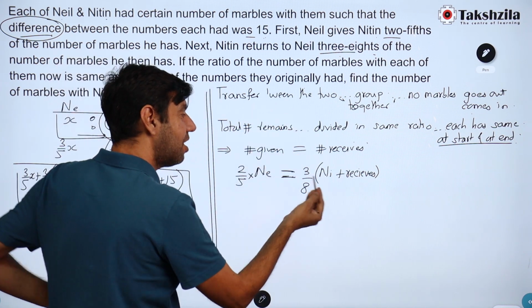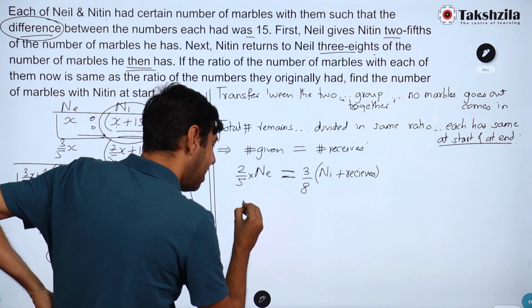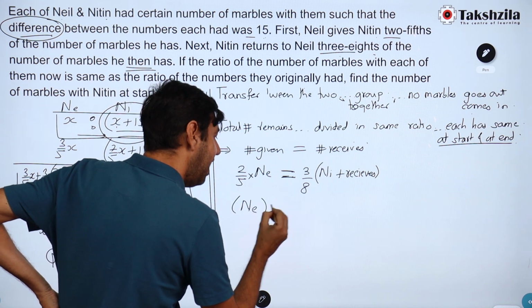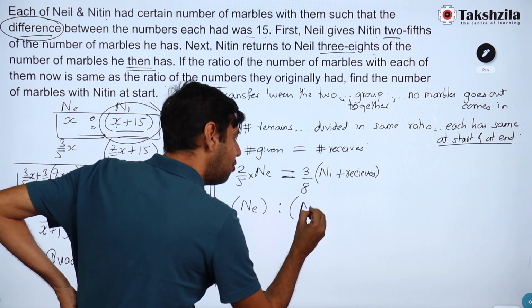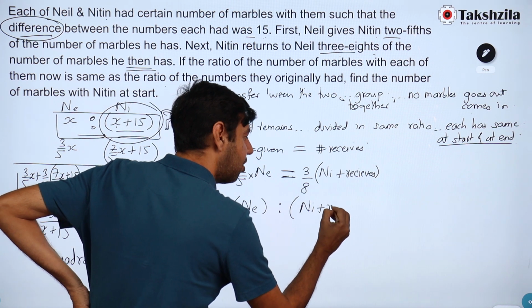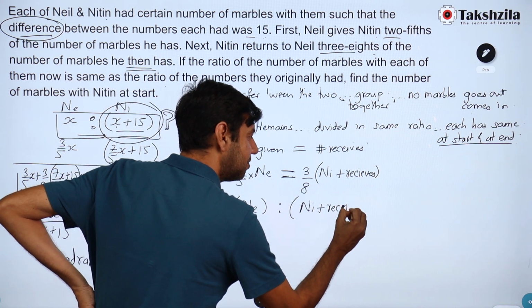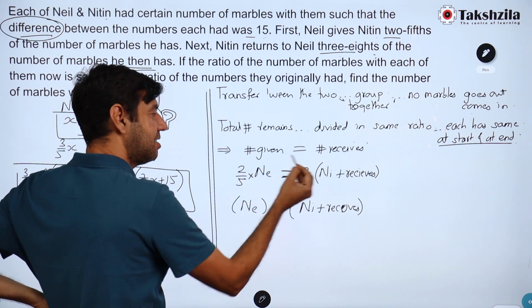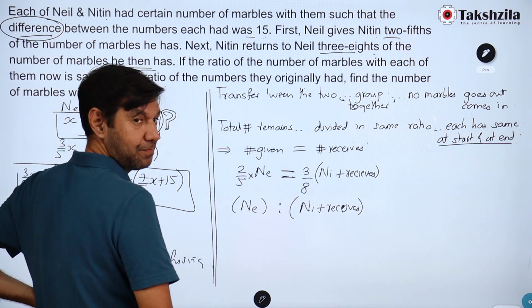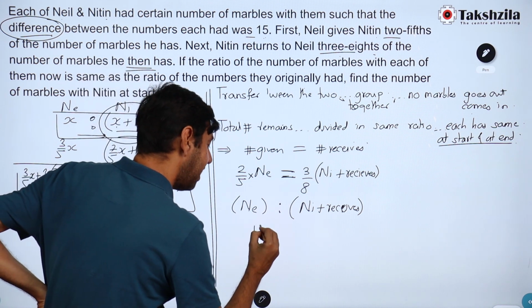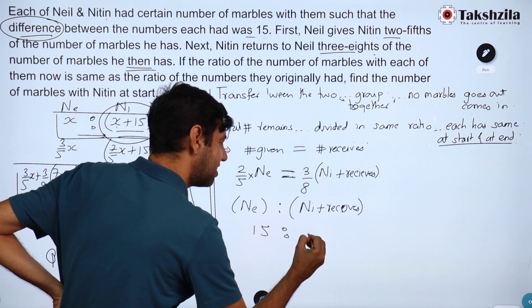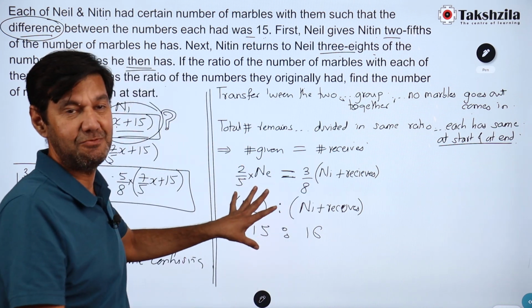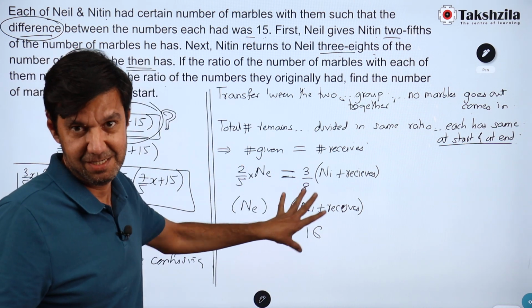Yeah, ratios are very good. So could I say that the ratio of what Neil had to what Nitin had plus whatever Nitin receives is nothing but 8 2s are 16, 5 3s are 15? Could I say this ratio is 15 is to 16? This is the key part that we are learning here.